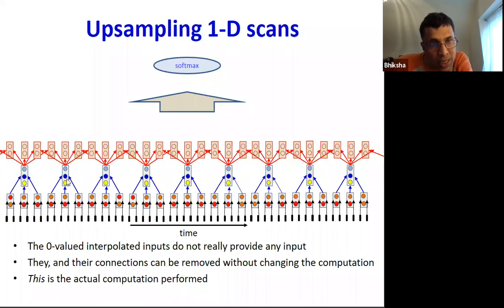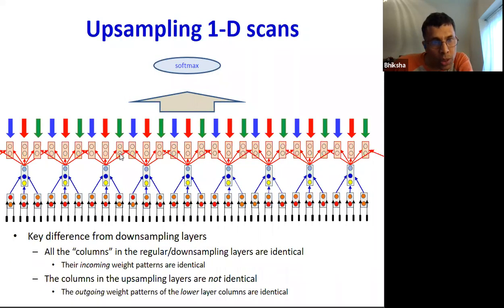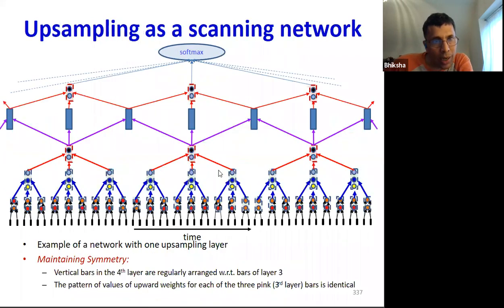If you actually filled in these intermediate values, the next layer is just going to be a standard convolution. If you don't, then you end up with different elements in the next layer looking at different numbers of inputs from the previous layer. So when you look at the upsampling, the computation that you have to perform changes a bit.